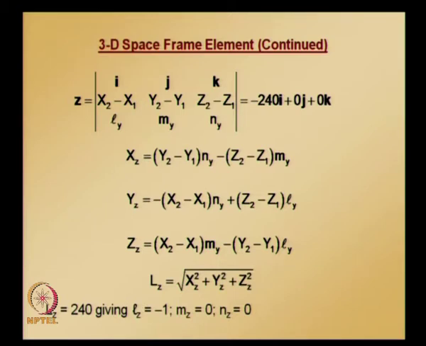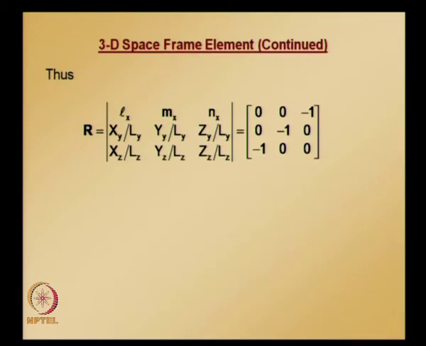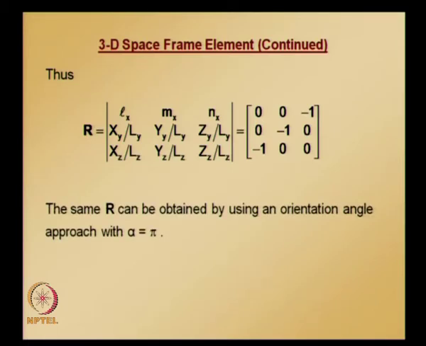So, we are ready to write the rotation matrix corresponding to element 1, and this same rotation matrix can also be obtained using the orientation angle method, noting that the angle between local y axis and global y axis for this particular element is pi. The same R can be obtained using the orientation angle approach with alpha equal to pi radians.